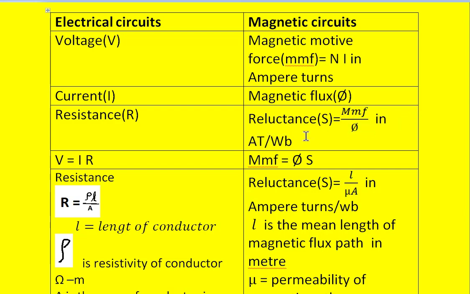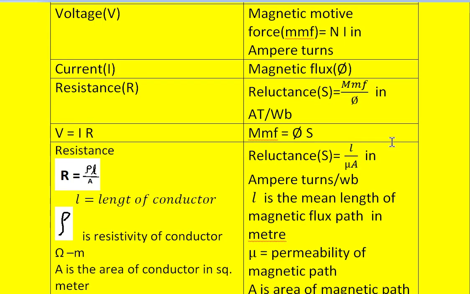The formula for reluctance is MMF divided by phi, whereas in electrical circuits R is equal to V by I. Here it is MMF by phi, and the units for reluctance are ampere turns per Weber. Coming to Ohm's law for electrical circuits, it is V equal to IR, whereas Ohm's law for magnetic circuits is MMF equal to flux into reluctance of the circuit.